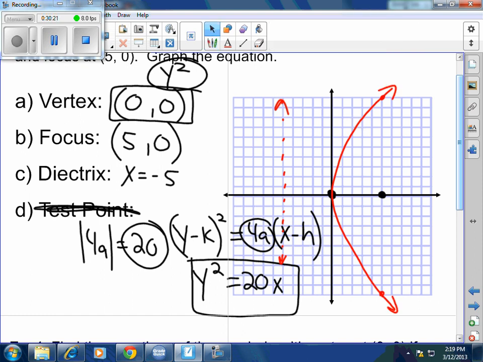Guess what? Have you guys ever enjoyed satellite dishes? If you watch TV, which you all do, that's what a satellite is. It's a parabola. It's a sideways parabola, to be exact. It's a non-function. People that build satellites have to graph this because I don't know if you've ever seen a satellite dish, but the satellite dish comes out like this, right?